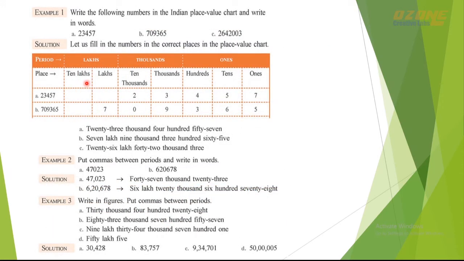So go through the examples. Draw the following numbers in the place value chart and write in words. It's easy. The only thing is that while writing in the place value chart, we need to start from the end, or from our right side. Numbers will be written from the last to first. And while giving number names also, by seeing the place value chart itself, we can find the numbers.